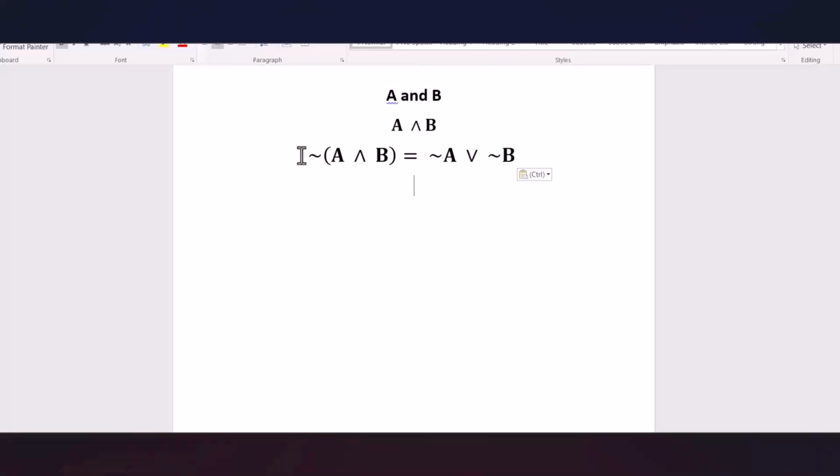In this equation, we placed a logical not upon the compound clause, and we see that we can apply that logical not to each ingredient as long as we change the operator.